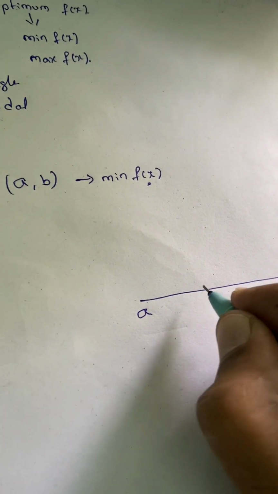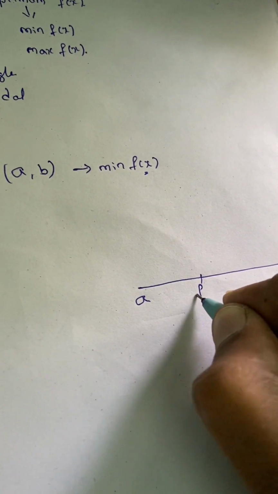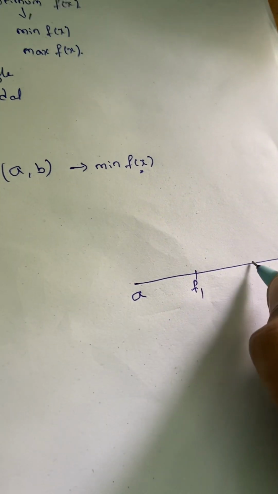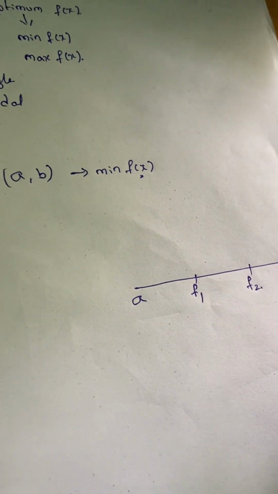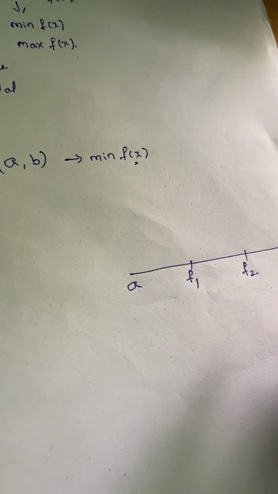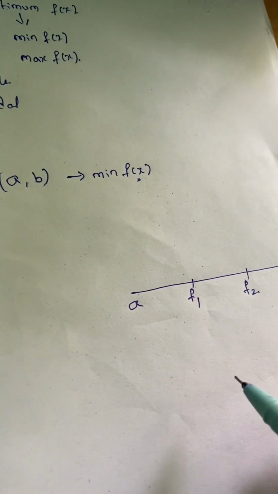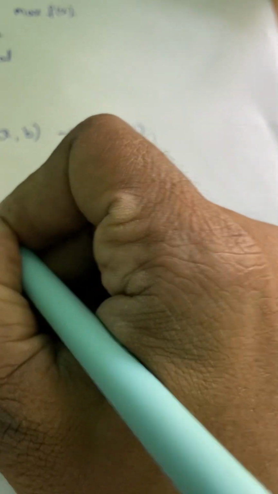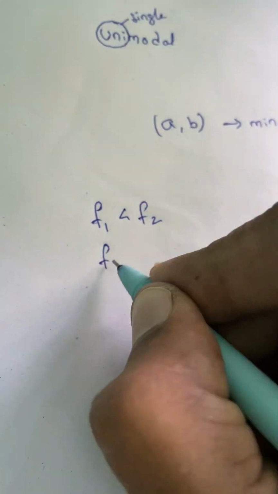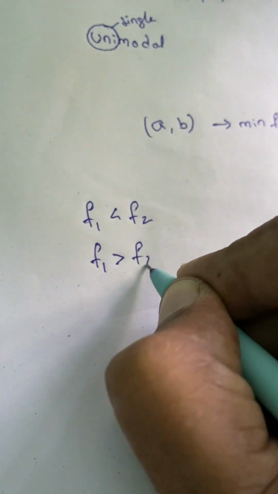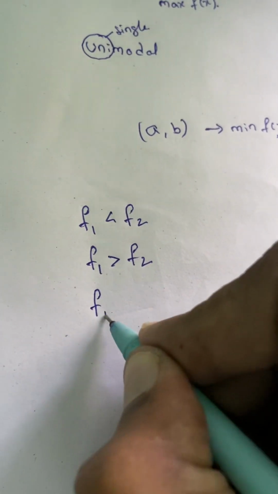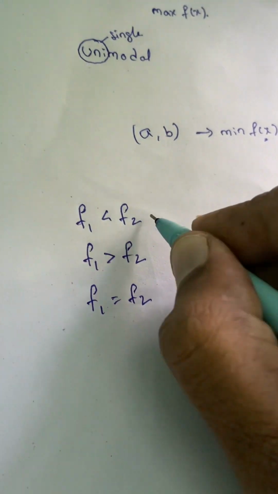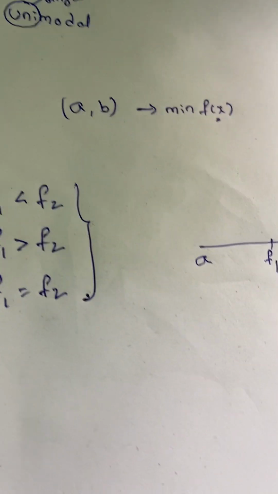In this a comma b, we evaluate the function at two points, giving f1 and f2, and there are three possible outcomes. The first is if f1 is less than f2, another is if f1 is greater than f2, and another is if f1 is equal to f2. What happens in all these three cases we are going to discuss now.